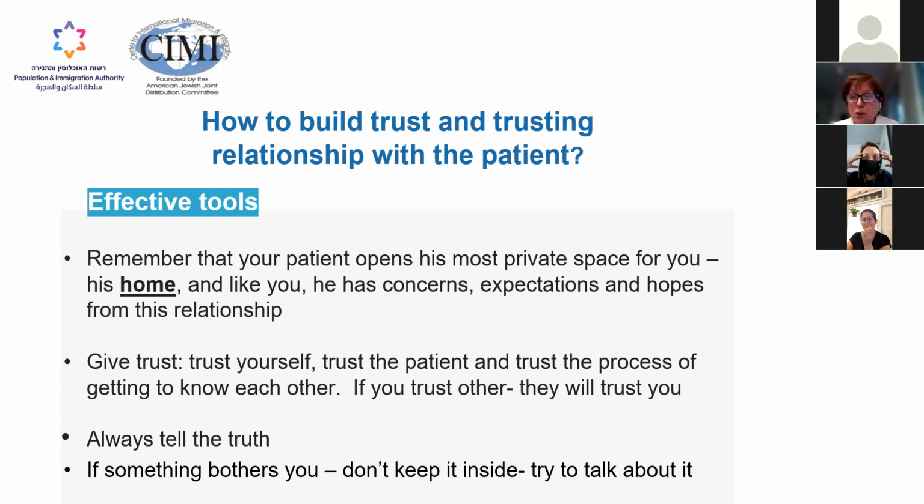Because there's a stranger walking around in their home. So be mindful, to be respectful, to ask as many questions as possible. Maybe they expect you not to eat at the same time that they're eating because you're eating different things. Maybe they expect you to eat with them. All those things need to be discussed in a relaxed, open, and respectful manner, okay?